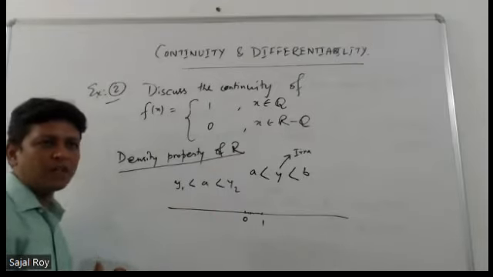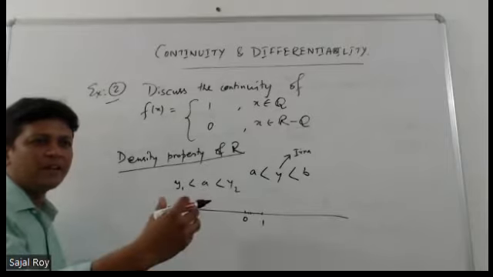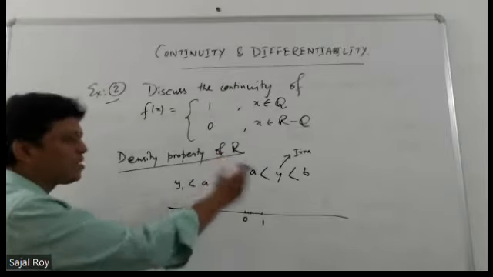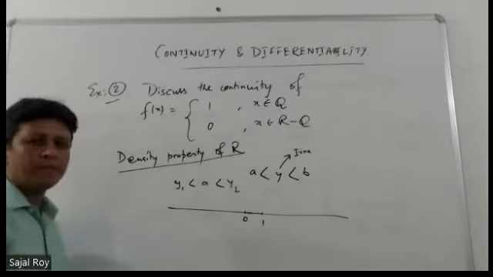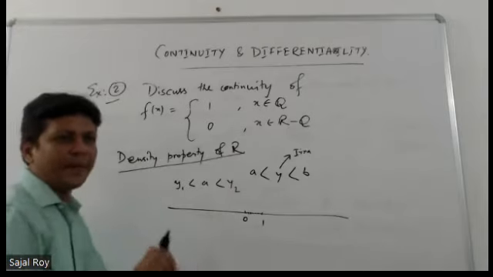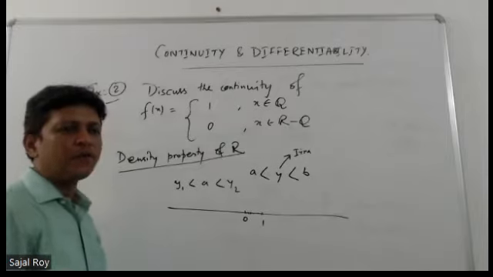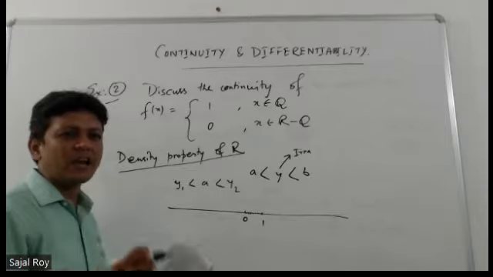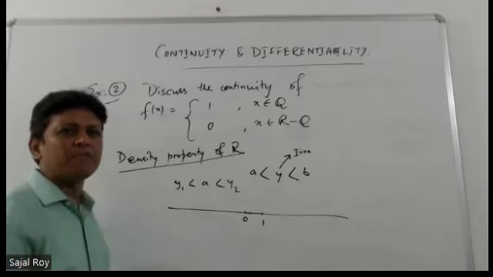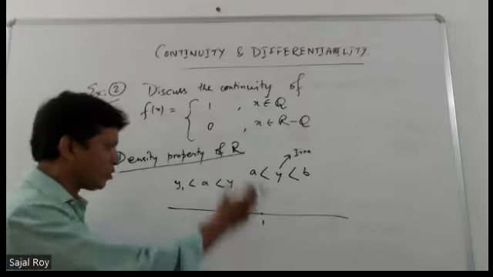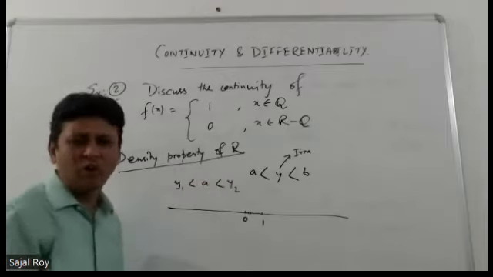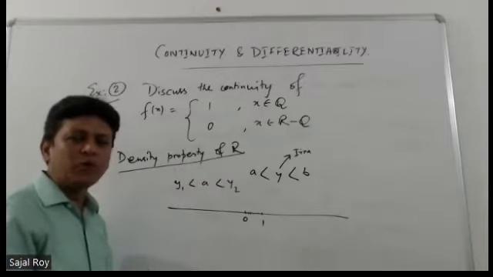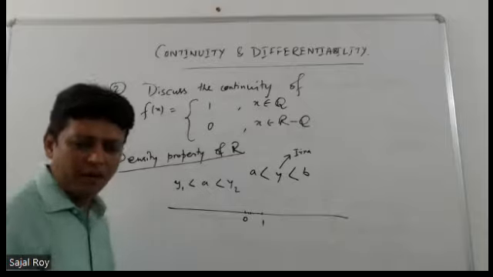That is the concept of the density property of real numbers. You cannot separate them; if you take a magnifying glass, you will see they are very close. Between two rational numbers there is always an irrational, and between two irrational numbers there is always a rational.